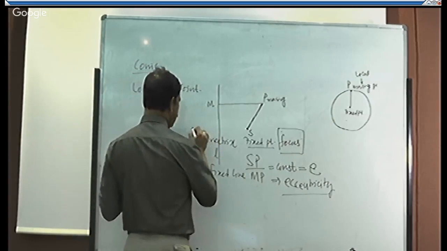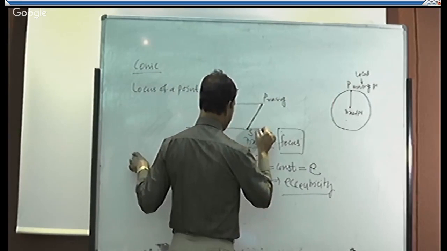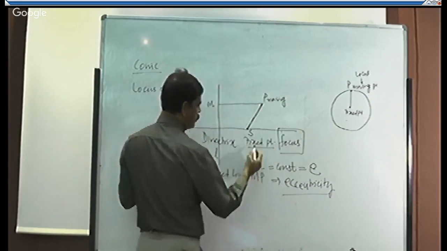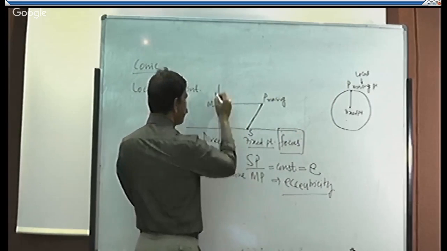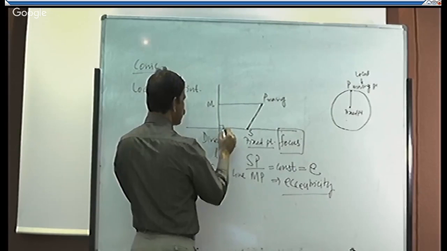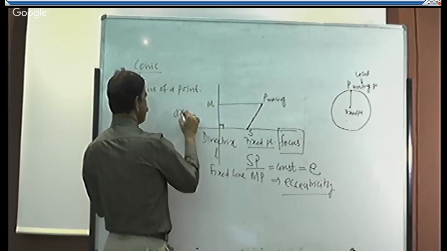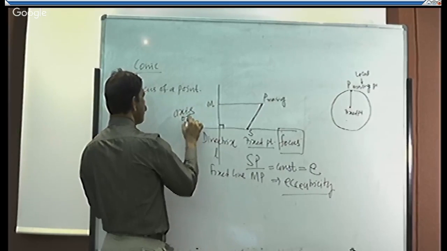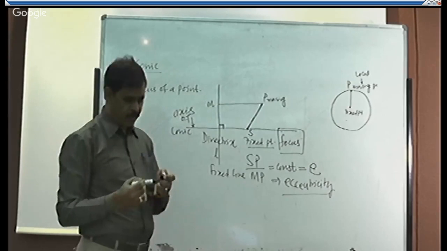And the line which is passing through the focus and perpendicular to the directrix is called the axis of the conic.